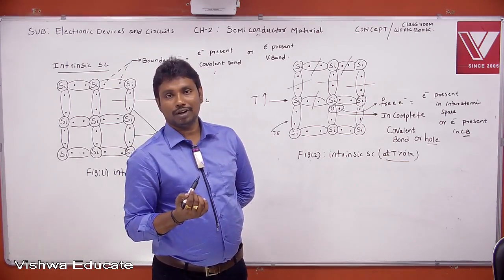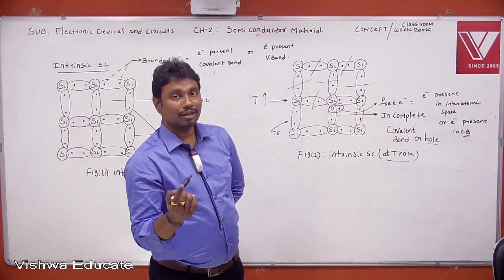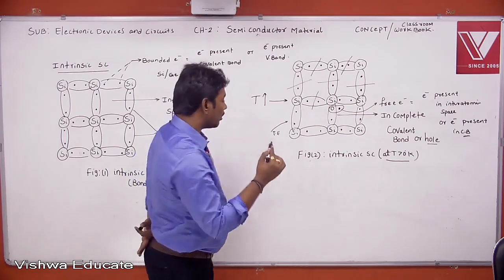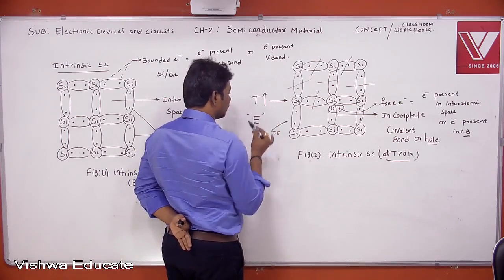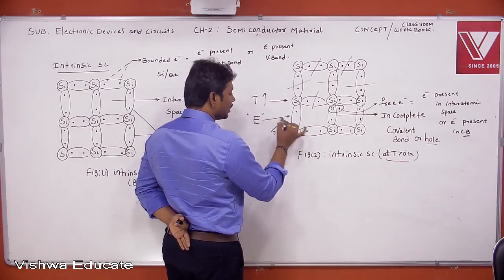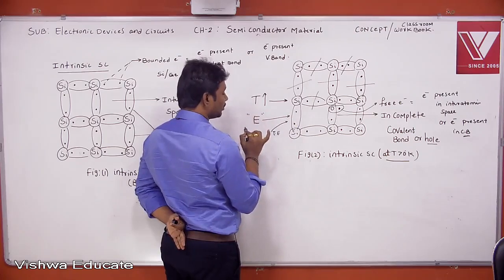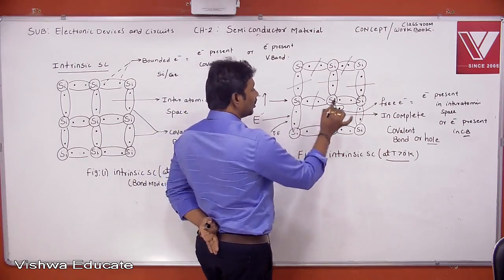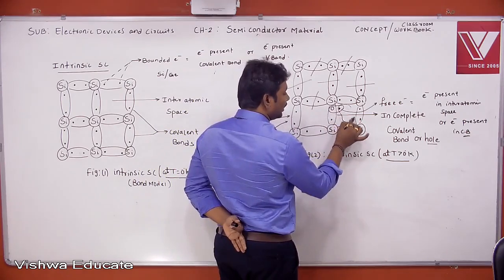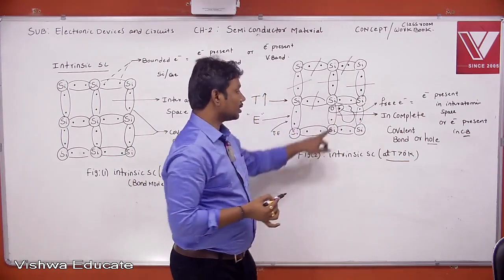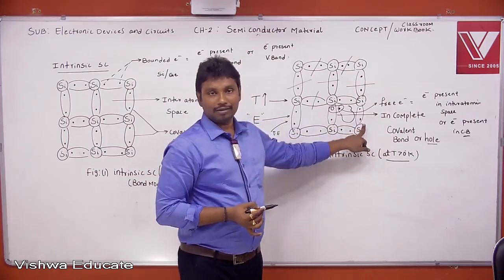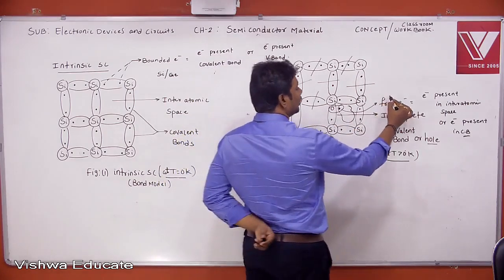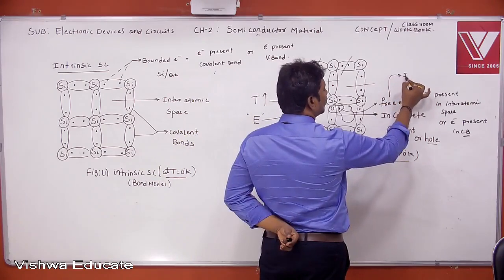Zero. If the net current is zero, then we can apply an external electric field. Because of this field, the free electrons can move in interatomic space and produce a current. That current is called the free electron current.